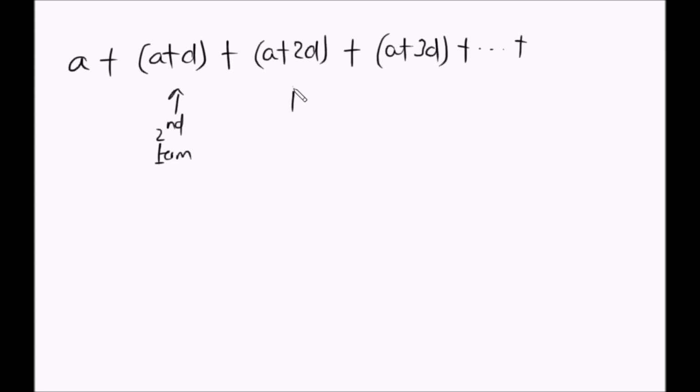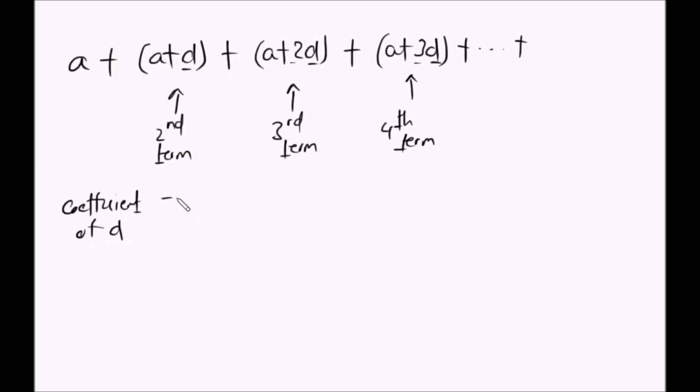And then look at the third term. And then look at the fourth term. So all these terms have d, and d has a coefficient. So for the second term, the coefficient of d is 1. For the third term, the coefficient of d is 2 here. For the fourth term, the coefficient of d is 3.